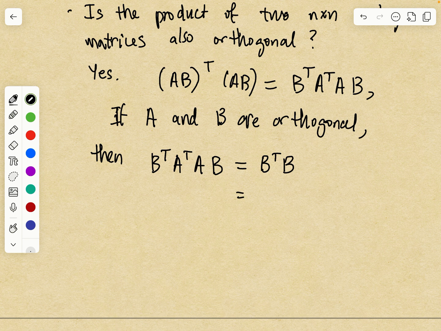And B transpose B is also the n by n identity matrix. So this whole thing is equal to the n by n identity matrix, which shows that A times B is orthogonal.